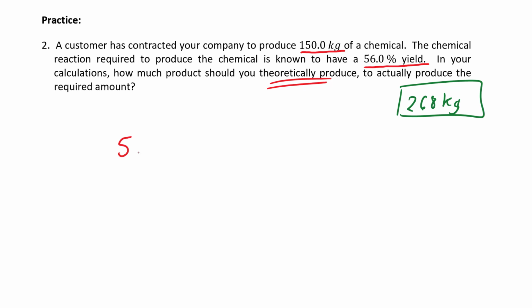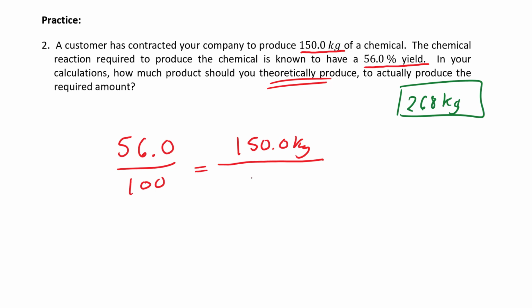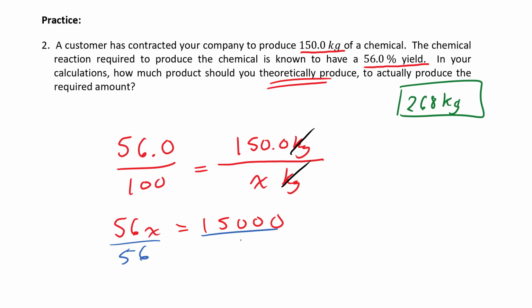So work it out. 56%. Actually, what I want to make, 150 kilograms. I don't know how much theoretically I want to make. Again, that's going to be in kilograms. You can see kilograms cancel out. Cross multiply. Divide both sides by 56 to isolate x on its own.